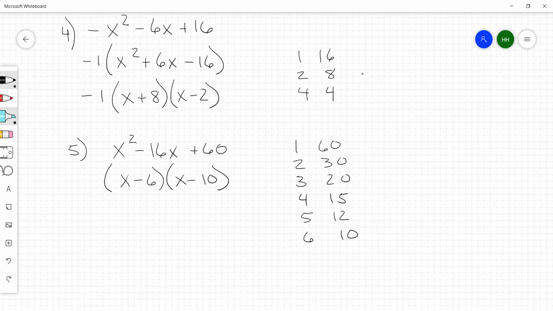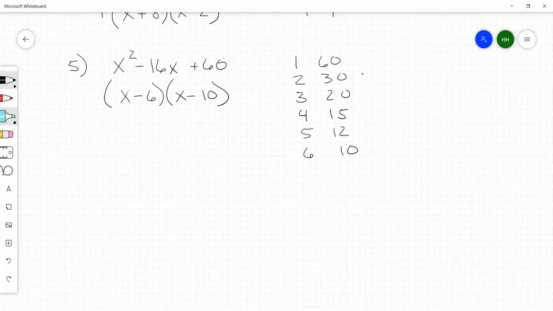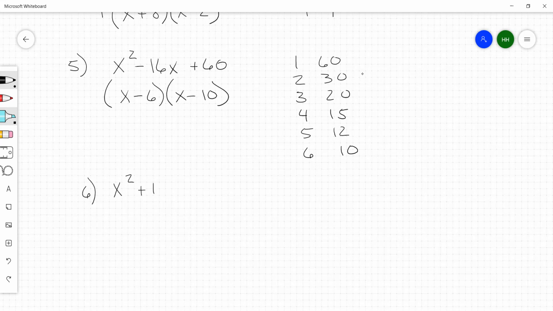Number 6. X squared plus 15x plus 56. 1 and 56, 2 and 28. 3 doesn't go.